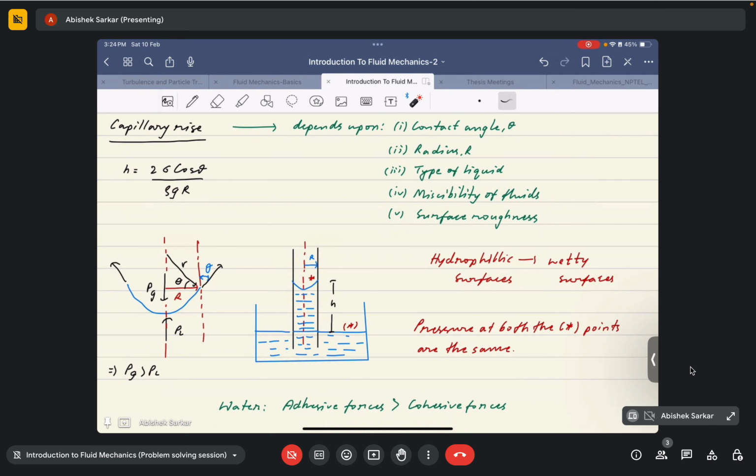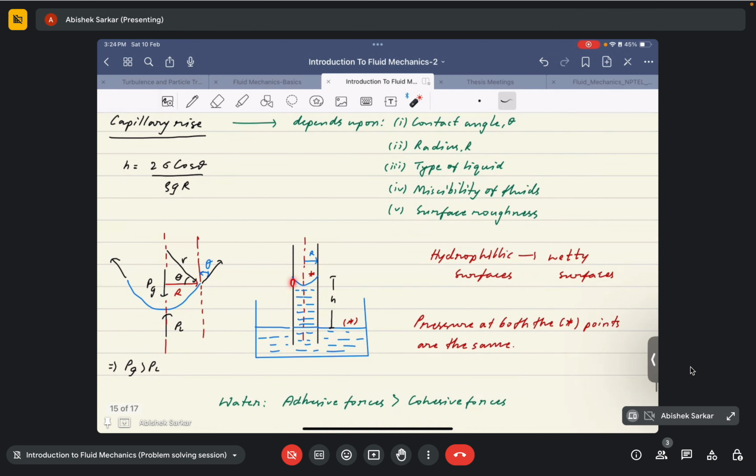But in the case of mercury, it will form a contact angle that is larger than 90 degrees. So what do you think happens to the adhesive and the cohesive forces? What is this relation in the case of mercury?